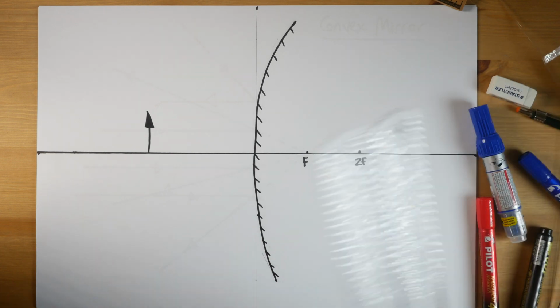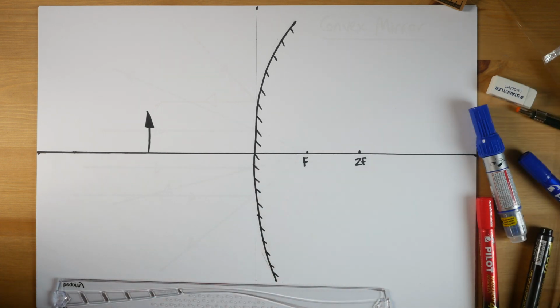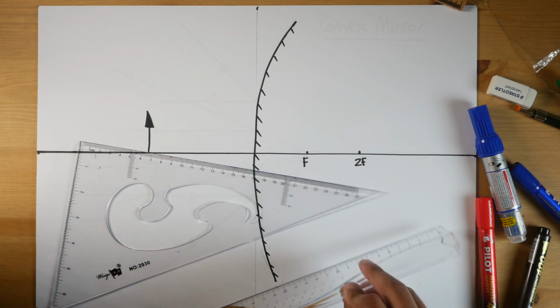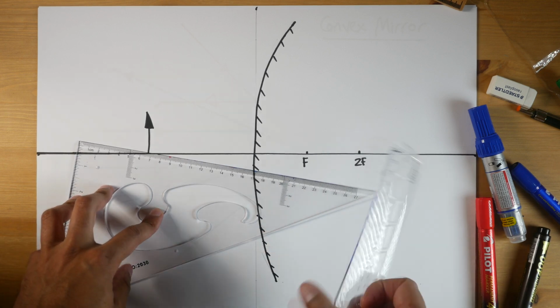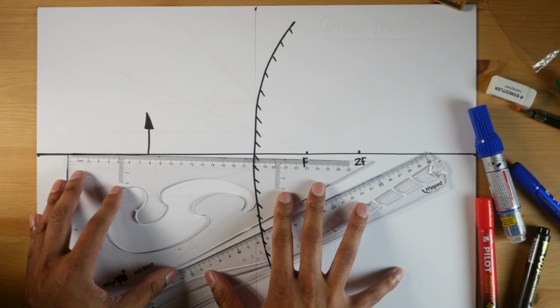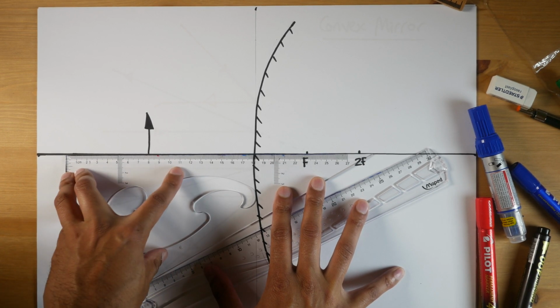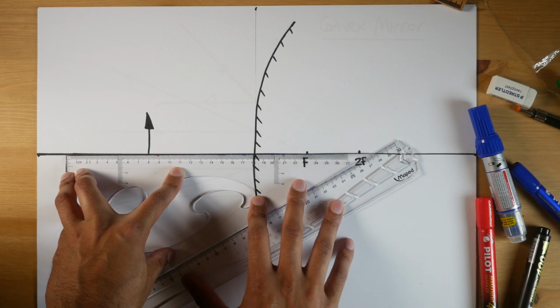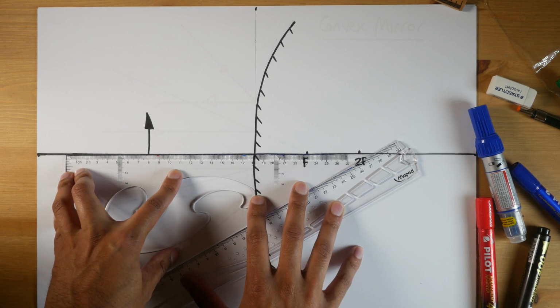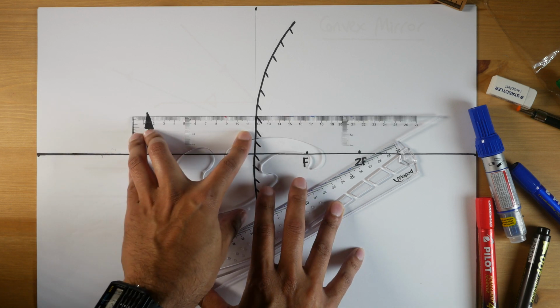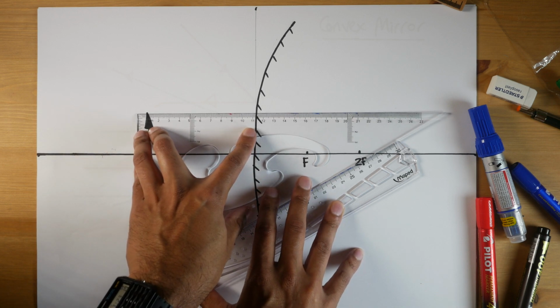So what you want to do, first of all, is get a ray of light going parallel to the optical axis. So again, I'm going to put this against the principal axis, the optical axis, like so. Try and be as accurate as you can. Just move it like that.